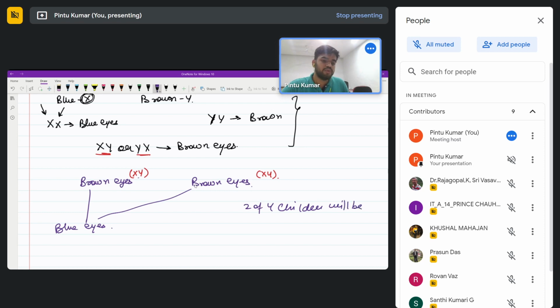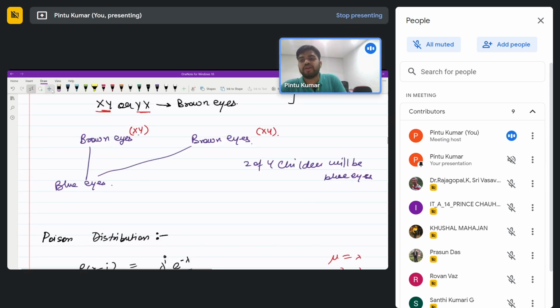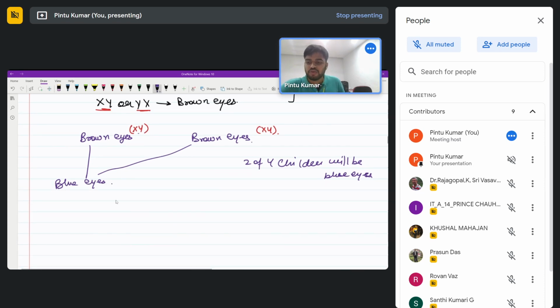So the first task is to calculate the probability of one child being blue eyed.